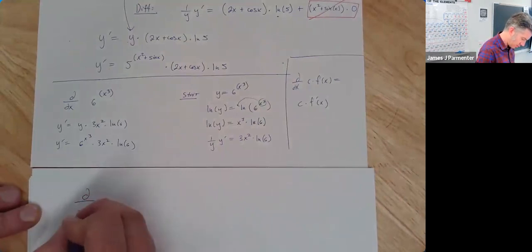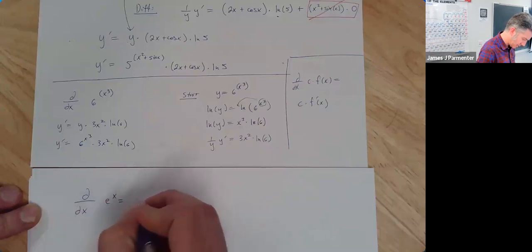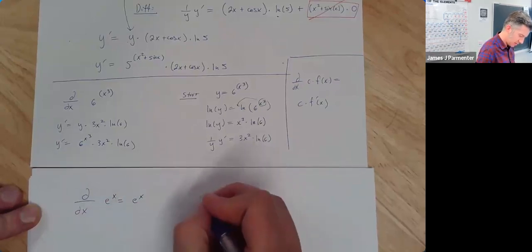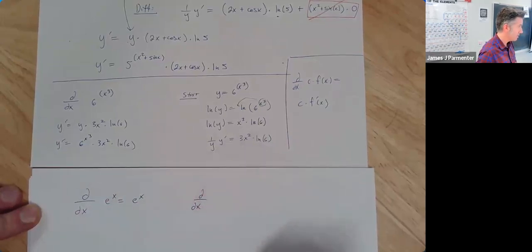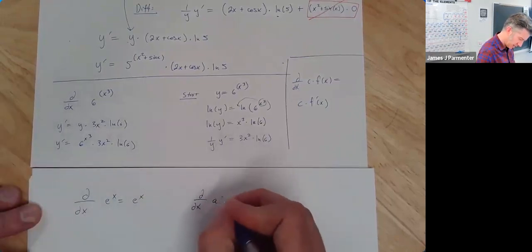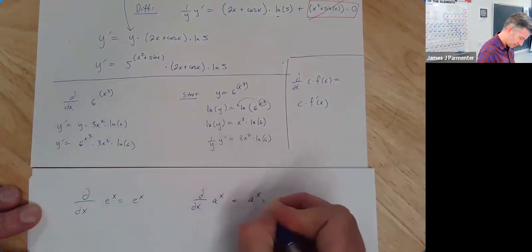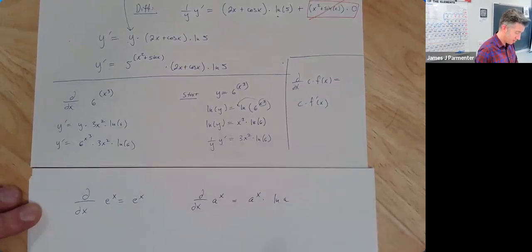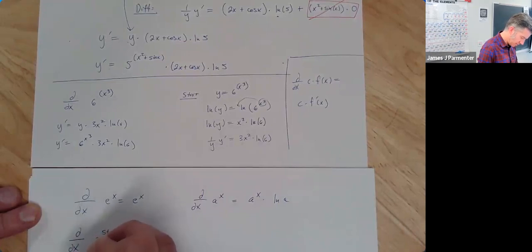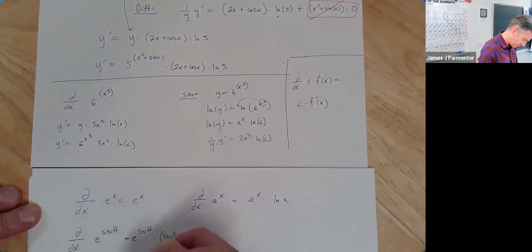We have that the derivative of e to the x is e to the x. And we also just said that the derivative of some constant that's not e, like a to the x, is a to the x times natural log of a. We also have seen in the past the derivative of e to the stuff is e to the stuff times the derivative of the stuff.